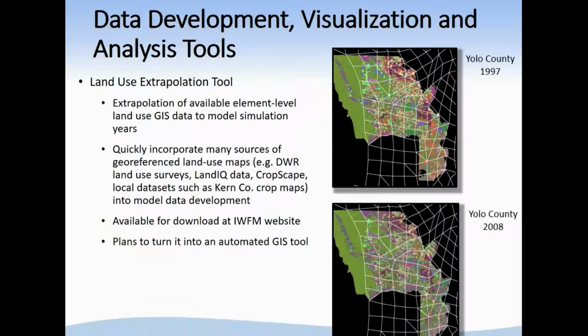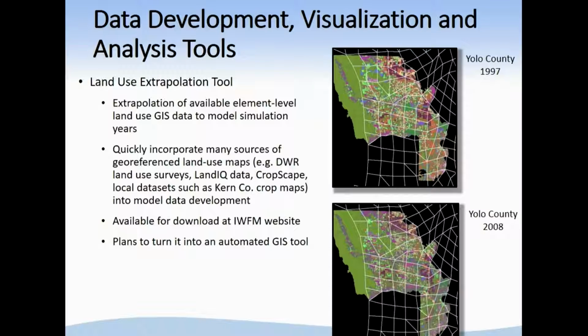But now we are dealing with these simulations at element level, which means that you have to come up with land use, however many different types of land uses you're simulating at each element level. The question is, well, if you have a model like C2VSim, for instance, simulation period is from 1922 to 2015, how do you come up with element level land use going back all the way to 1922?